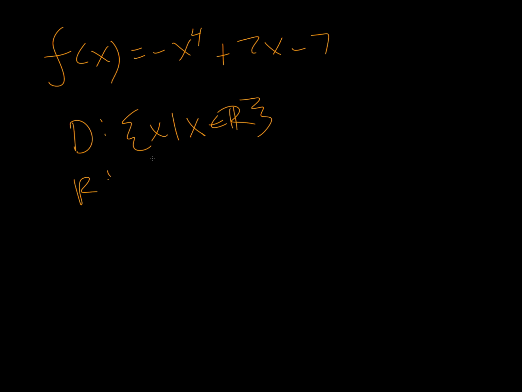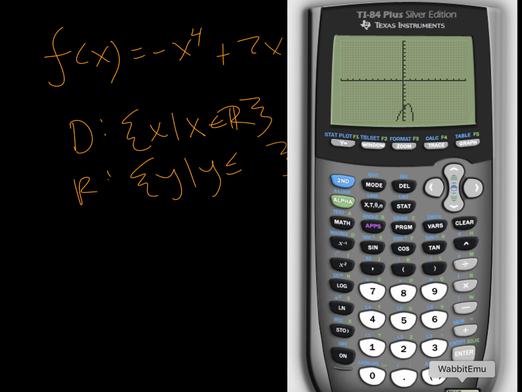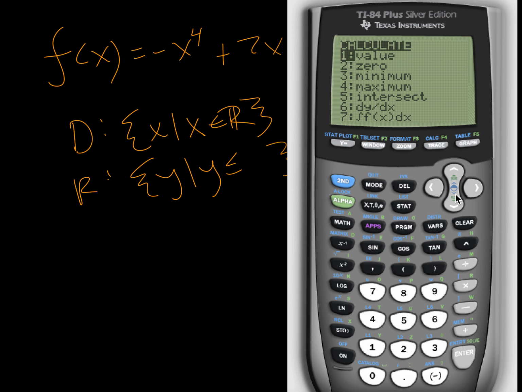Now the range is going to be, because remember it was kind of like this shape, going to be from this point down. So y is going to be less than or equal to whatever this y value is right here. And so to do that, we need to go to second calc, and we want to find the maximum.